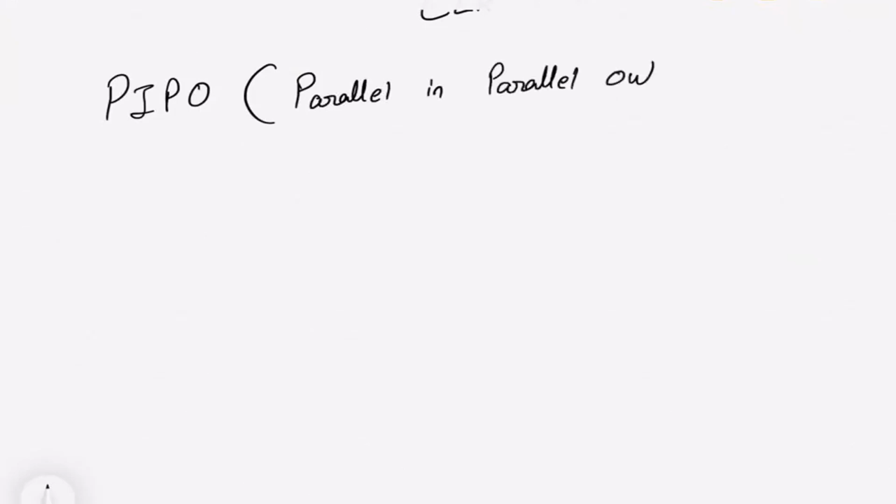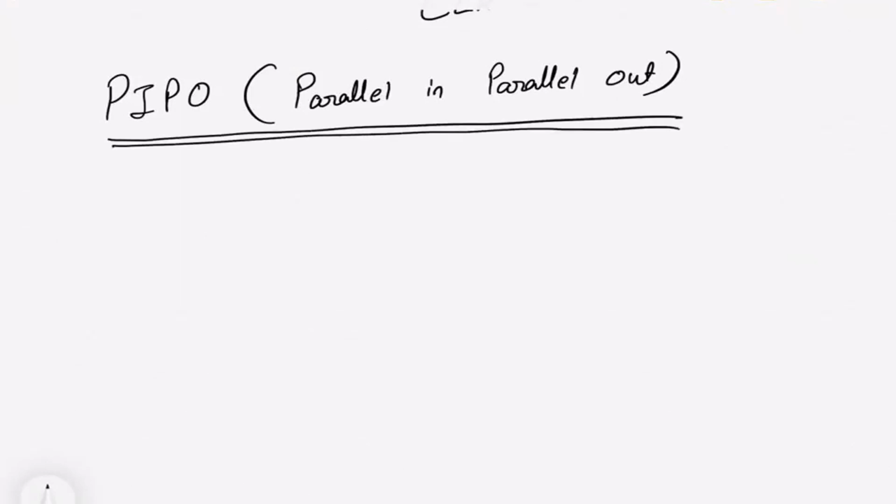Let's discuss our next case, which is PIPO. PIPO means parallel in, parallel out. This PIPO is a storage register and the architecture of this PIPO is somewhat different.